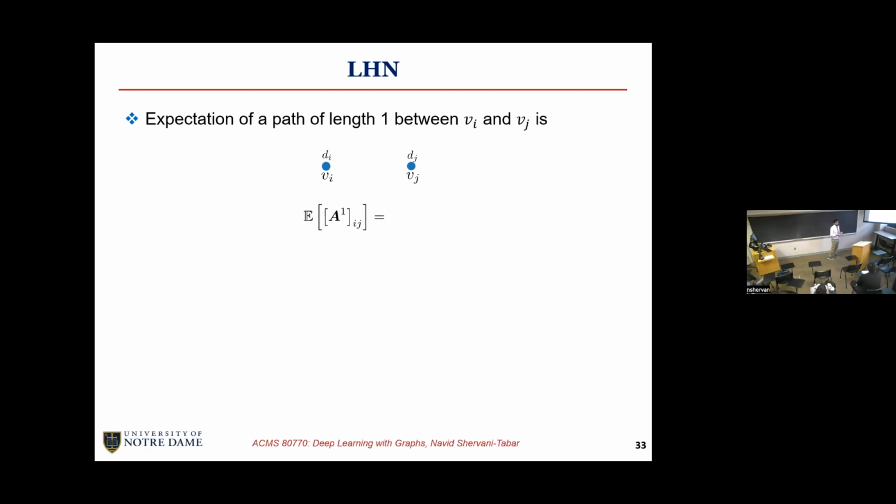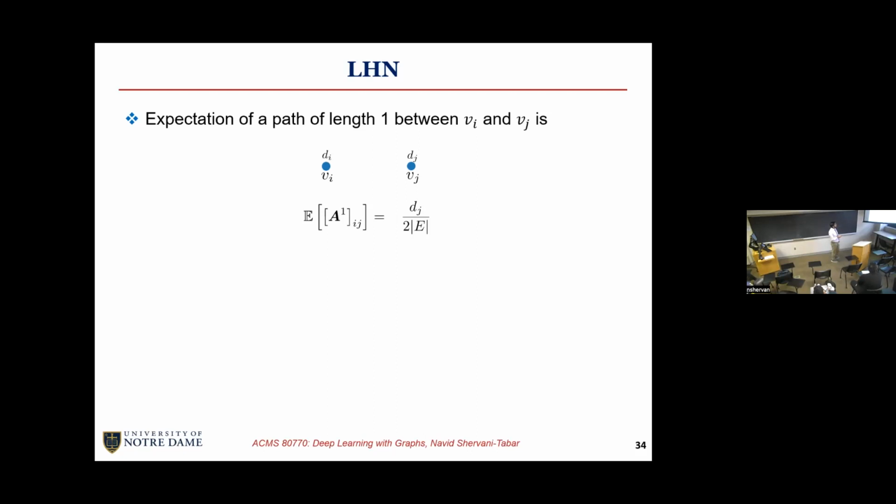And then out of these 2E endpoints, Dj of them are connections, Dj ends of the adjacency matrix are connected to node Vj, right? So the probability that any edge end comes to this node is Dj over 2E.